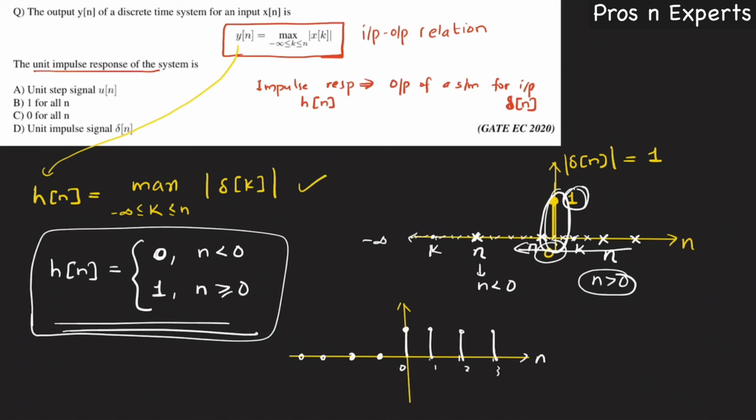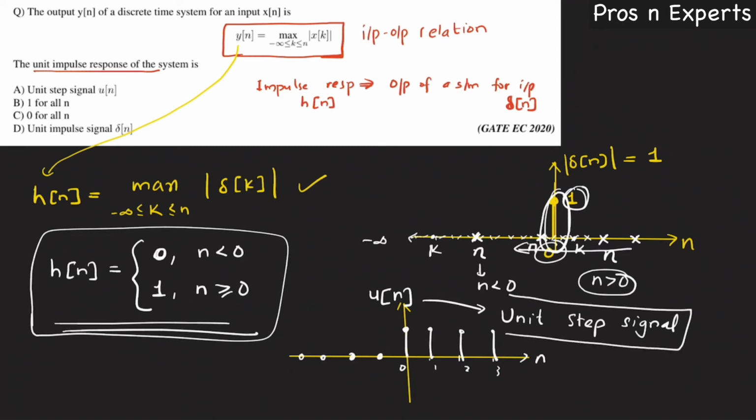This is nothing but u of n, the unit step signal. So in this input-output relation of the discrete time system, the unit impulse response will be nothing but the unit step signal itself. So the answer is going to be option A.